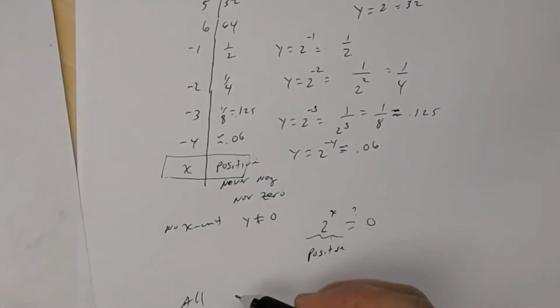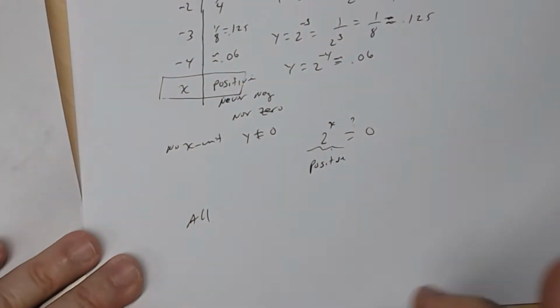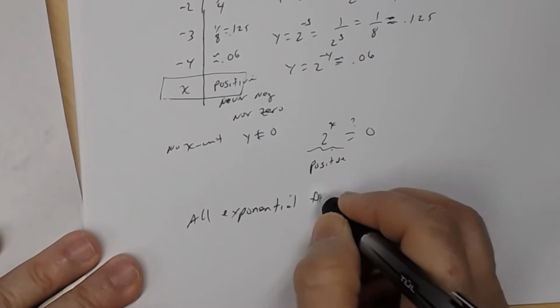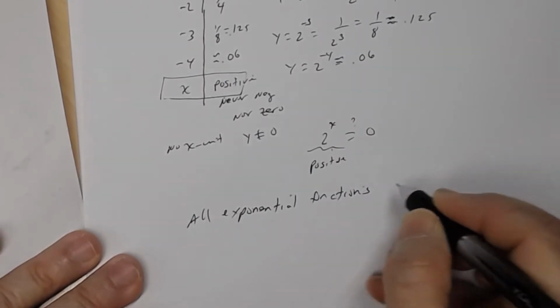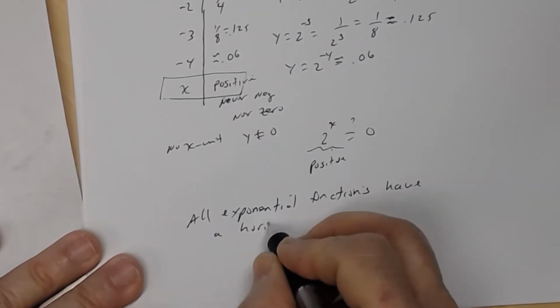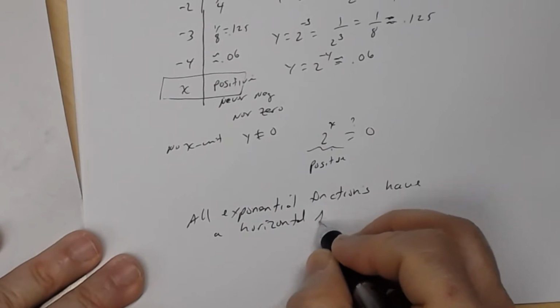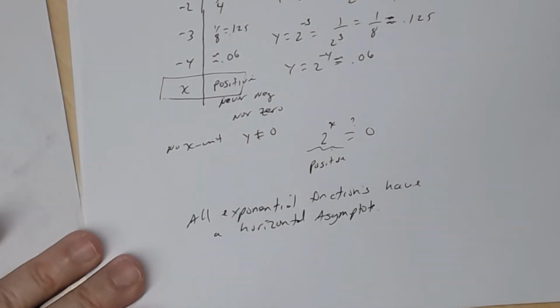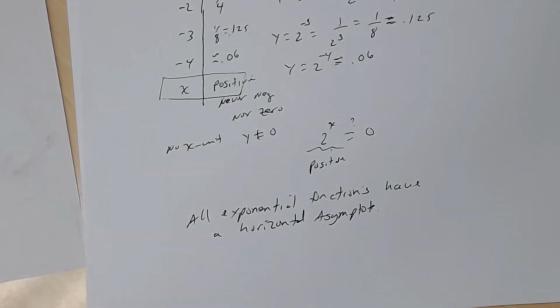All exponential functions have a horizontal asymptote, and it's easy to find. Given an exponential function, you can easily determine what the horizontal asymptote is, and then go from there.